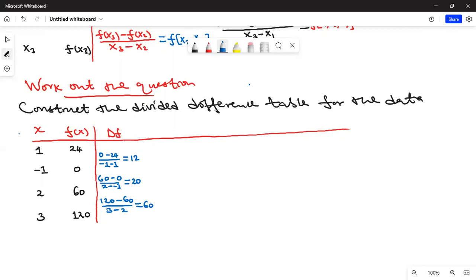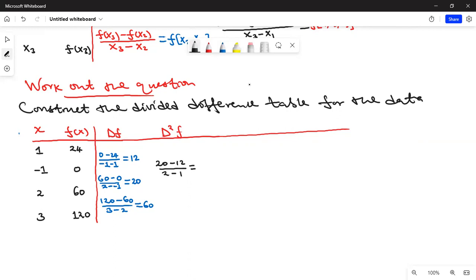Let's get the second order divided differences. You write d squared f. That will be 20 minus 12 over the extreme x values, which are 2 and 1. Take note of that. So that will be 2 minus 1.